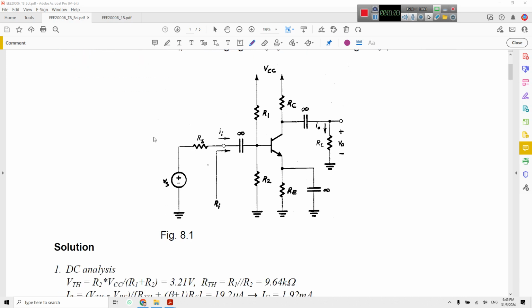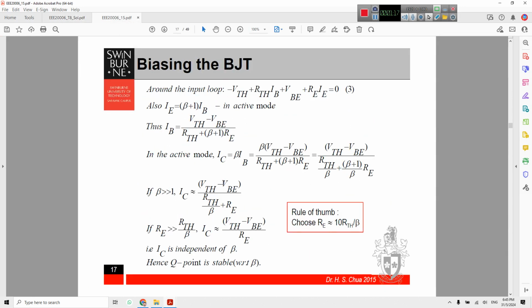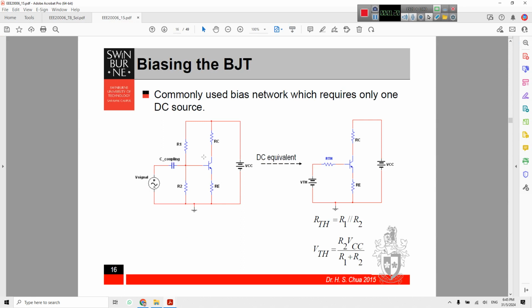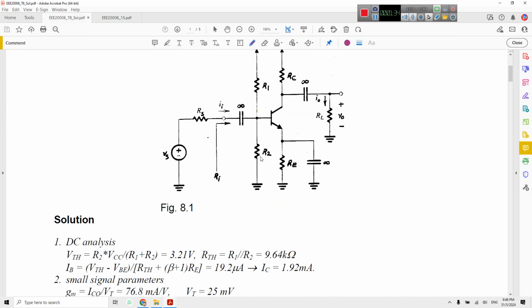Okay, so for DC you should turn off all the AC sources, then the capacitors are considered infinite. Then if you look at this circuit, R Thevenin and V Thevenin are given here: R Thevenin is R1 in parallel with R2, and V Thevenin is R2 times VCC over R1 plus R2.